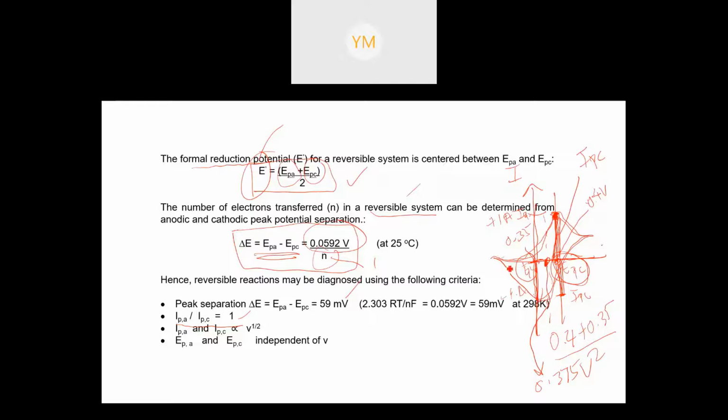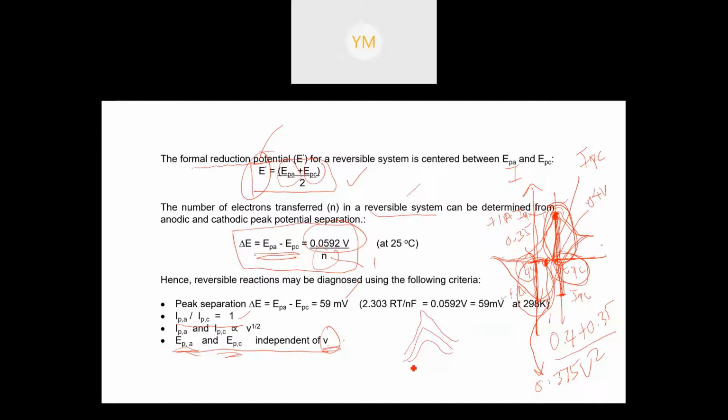will oxidize back to the original species. The amount of reduced species must equal the amount of oxidized species. That is reversible. Then again, as I have mentioned, the value of either EPA or EPC is not dependent on the scan rate.